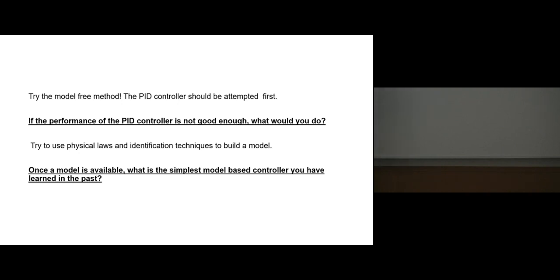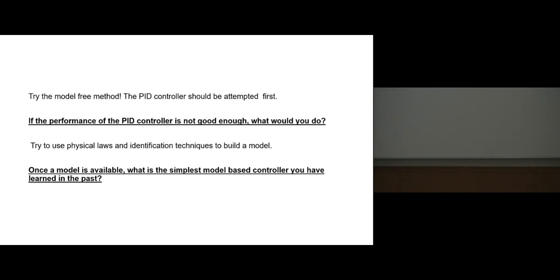Okay, linear system is a course, right? It covers many things. The simplest model-based controller, of course, that you have learned is pole placement, right? Pole placement. You want to change the poles of the system to some desired ones.